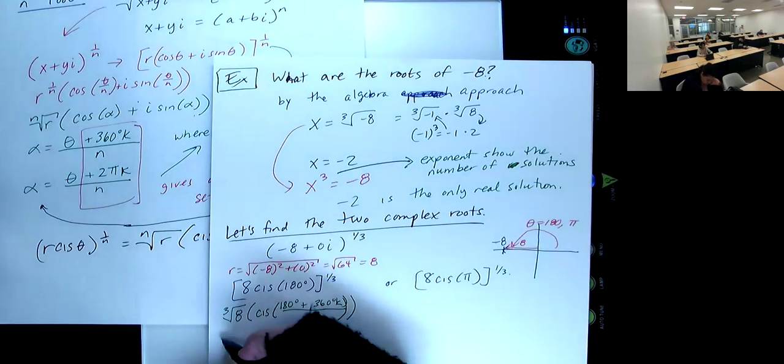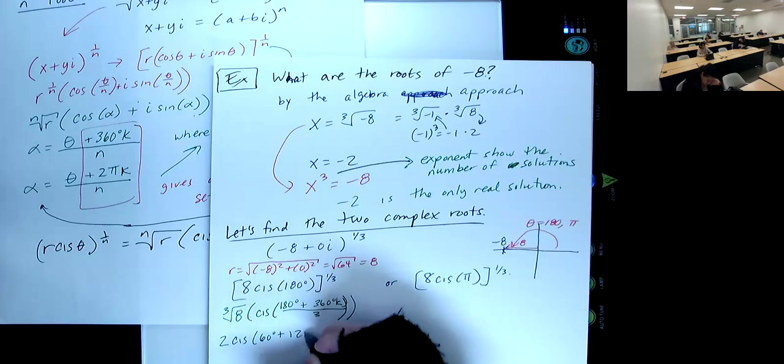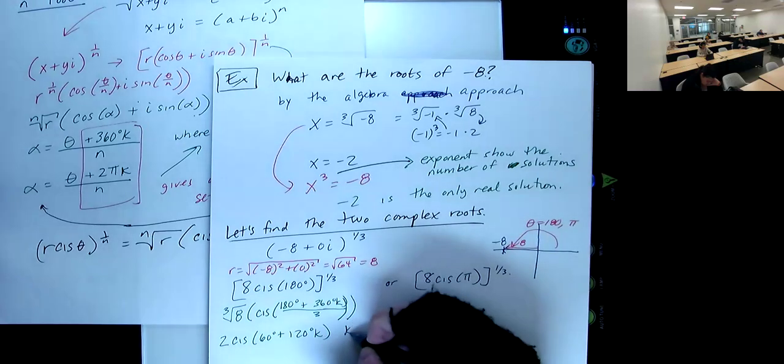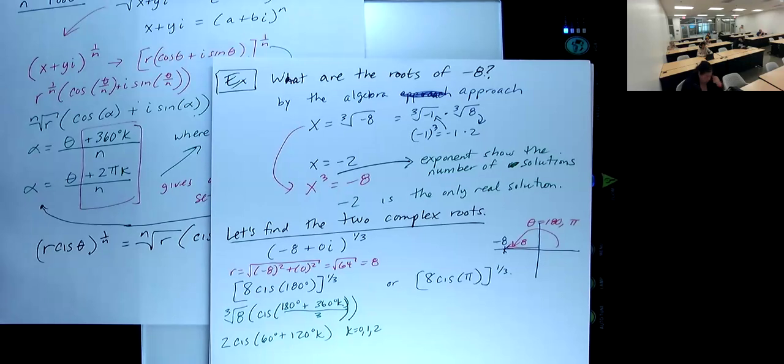And we get 2 cis of 60 degrees plus 120 degrees k. k is going to go all the way up to n minus 1. k is 0, 1, and 2, which means we have 3 answers.